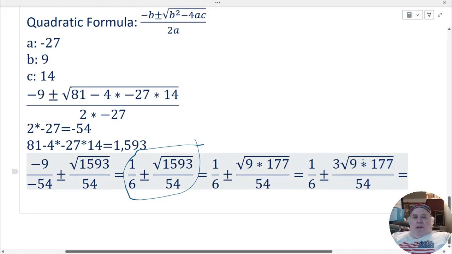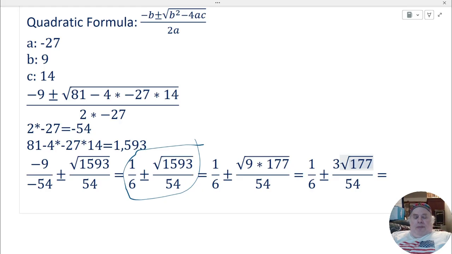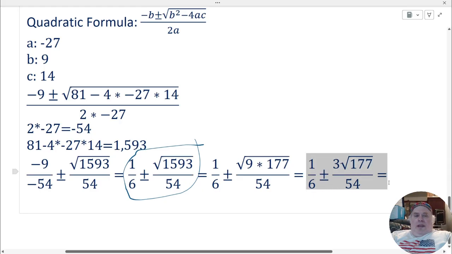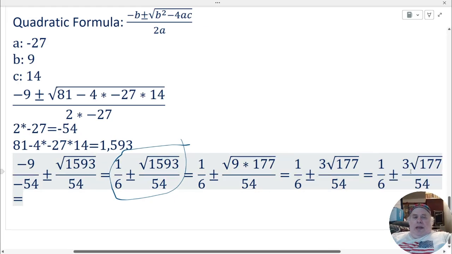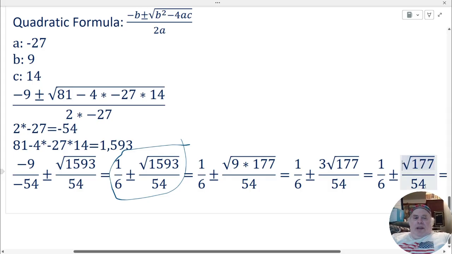So remember, we square rooting this, so this becomes the square root of, and then we divide the 3 into 54 to get 18. So this becomes 1/6 plus or minus the square root of 177 divided by 18.